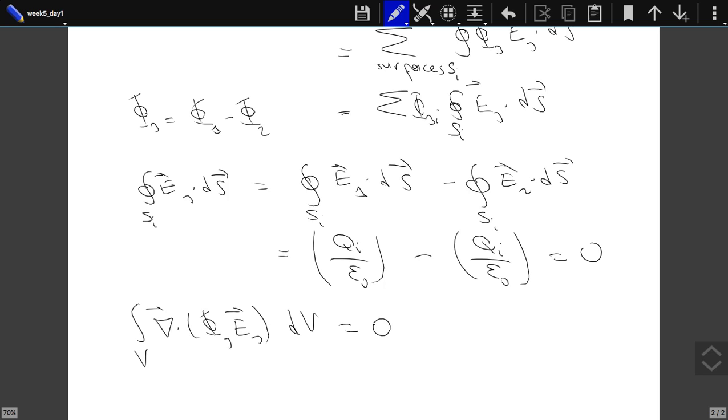So what we did is we just converted into a surface integral. Our surface is just disconnected pieces. So we wrote that surface integral as the sum over the integrals over each one of these disconnected pieces. But the integral over each one of these disconnected pieces was 0, so the sum is 0, and hence this volume integral is 0.